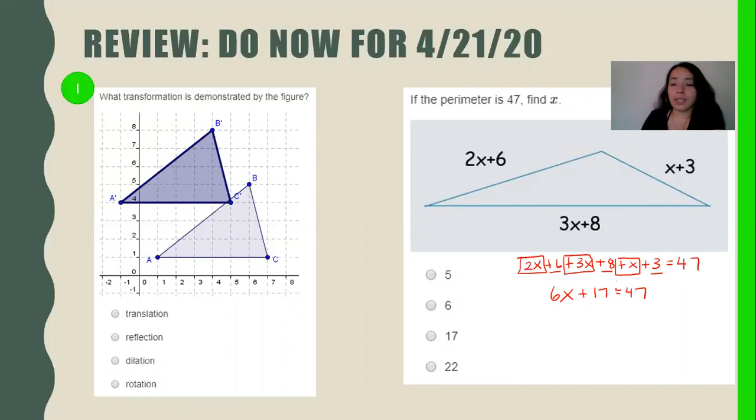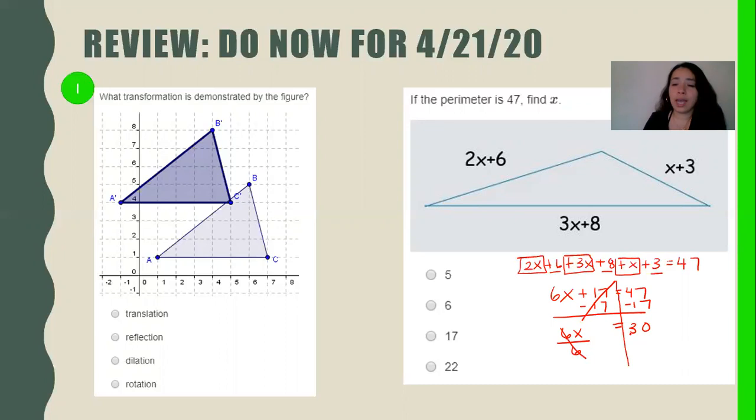We continue to solve for x. So I like to do this line to separate my 2 sides. That helps me, but I'm trying to get rid of this positive 17. So I do the opposite. I subtract 17 from each side because whatever I do to one side, I do to the other side. That leaves me with 6x is equal to 30. And then to get x by itself, because that's multiplication, I divide.